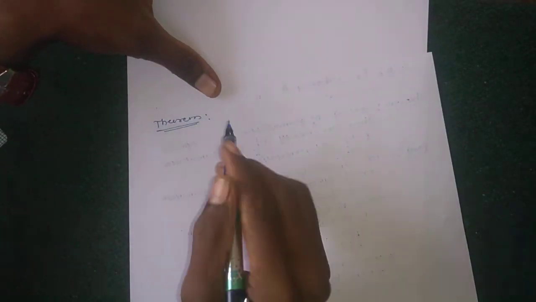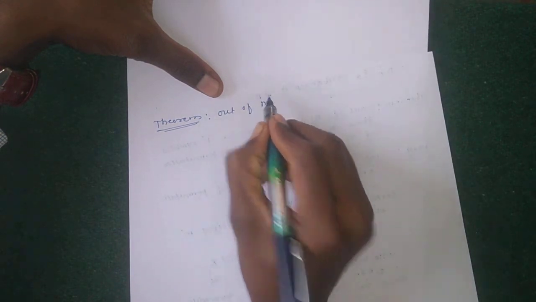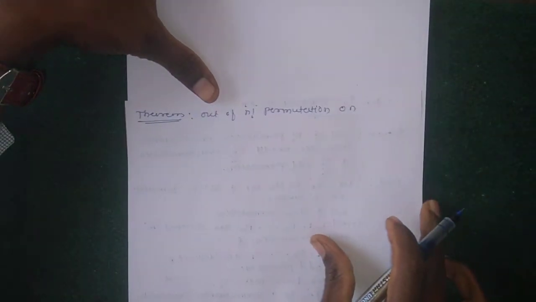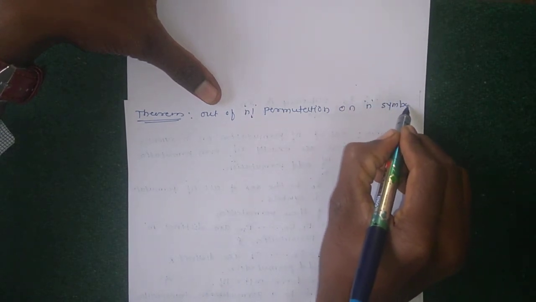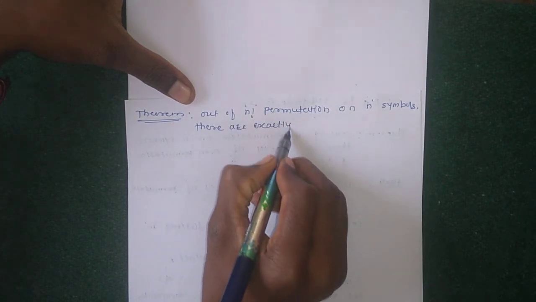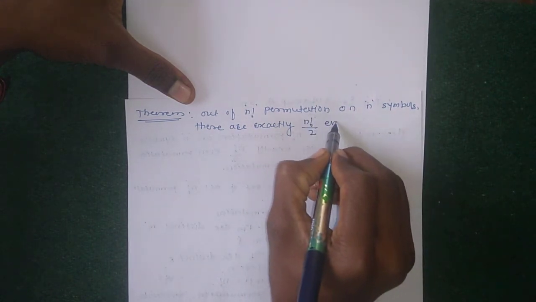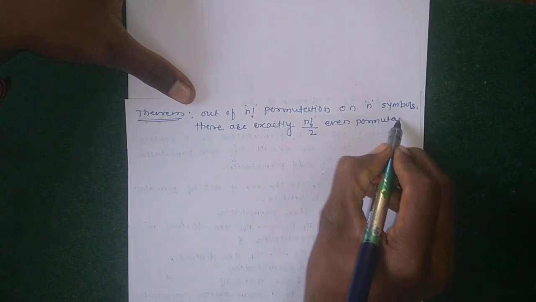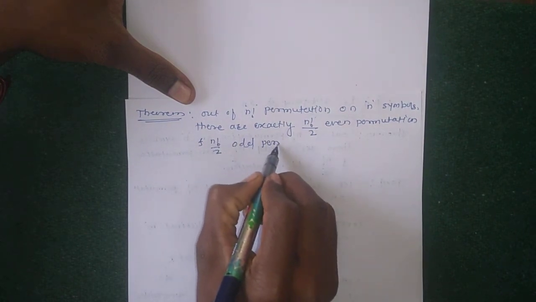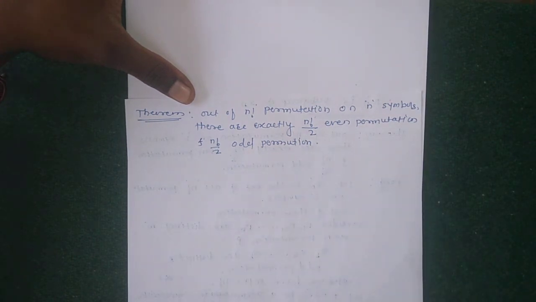Sn is the set of all n factorial permutations on n symbols, because Sn is a symmetric group, and a symmetric group on n symbols has n factorial permutations. So the theorem says that out of n factorial permutations on n symbols, there are exactly n factorial upon 2 even permutations and n factorial upon 2 odd permutations, not less than or greater than n factorial upon 2.